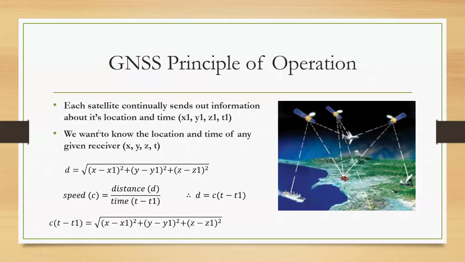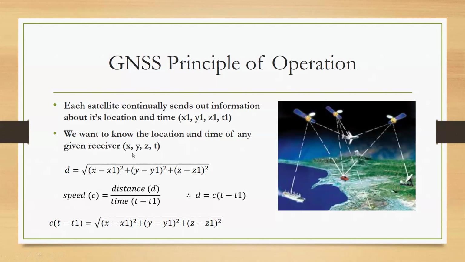And then we want to know the location and the time of any given receiver on Earth. So if I have my cell phone on Earth here, I want to know the location and the time of any particular receiver, like my own cell phone right now.